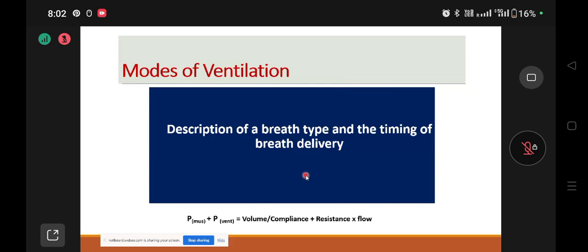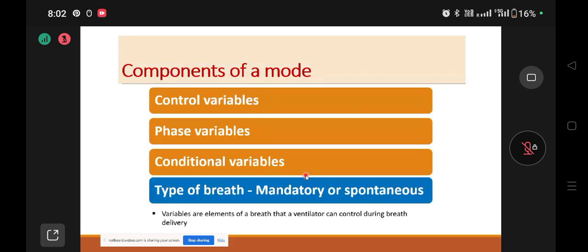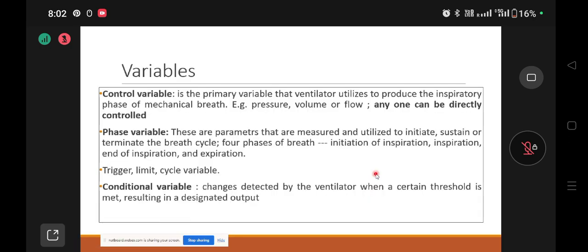So if we talk about various modes, there are various variables which need to be understood first: the control variables, the phase variables, and conditional variables, and finally the breath. And what are the control variables? It's the primary variable that the ventilator utilizes to produce the inspiratory phase of the mechanical breath.